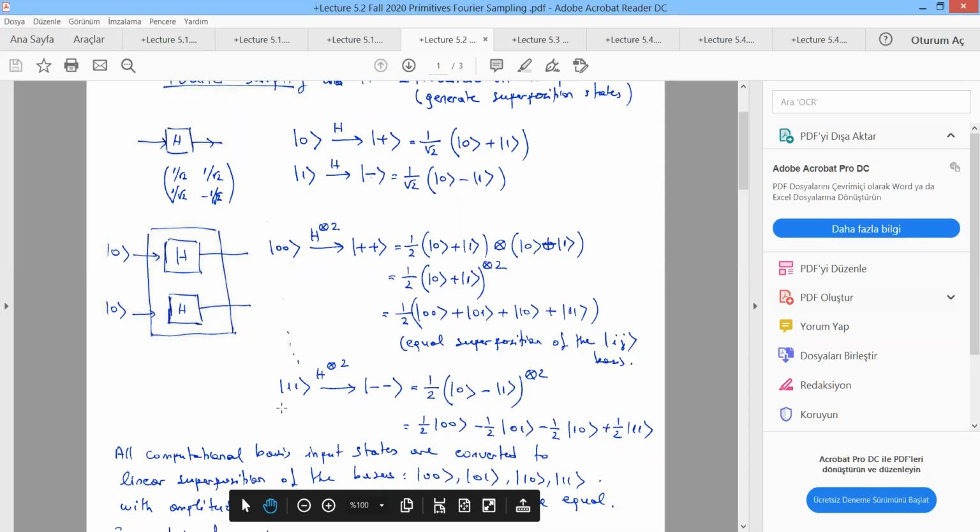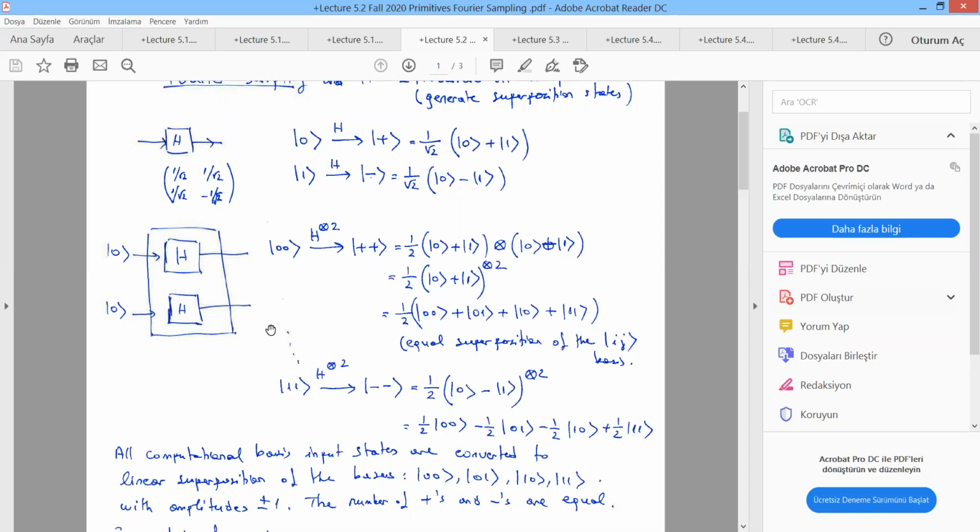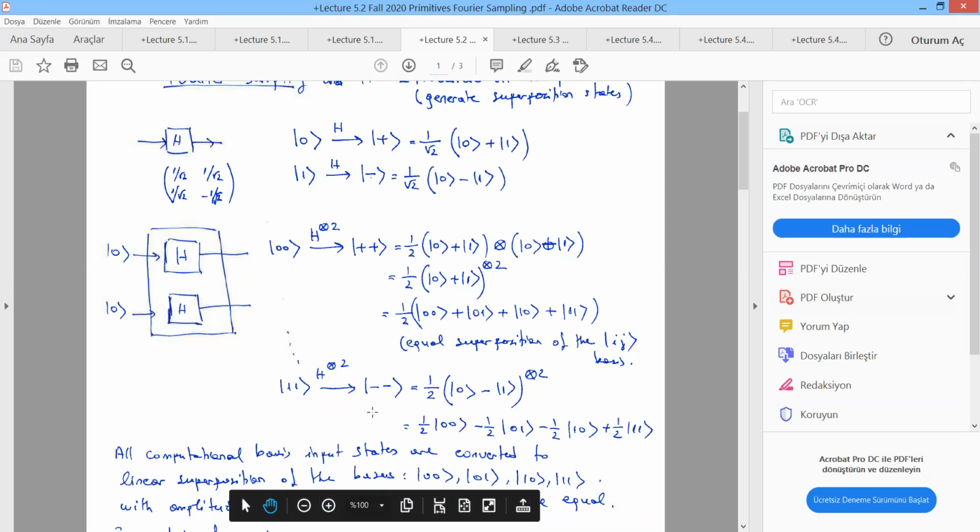So in the case you have, for instance, |11> in the input, and you apply this Hadamard tensored twice operator, each one of these would be converted to a minus state, |-> and |->. Equivalently, if you multiply this out, you would find that we have 1 over 2 |00> minus 1 over 2 |01> minus 1 over 2 |10> plus 1 over 2 |11>.